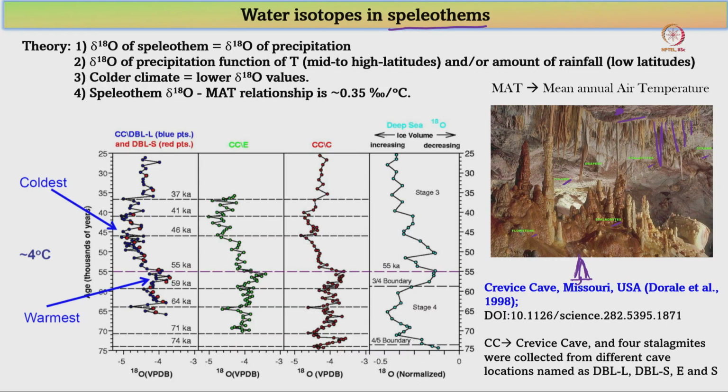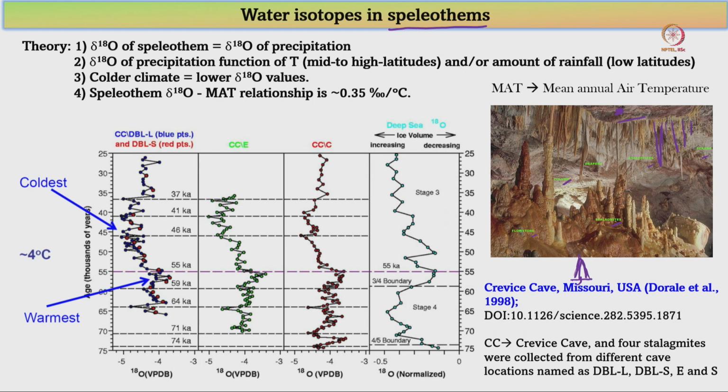So, whatever the delta 18O value of that rainfall was, the carbonate precipitating from that rainfall will have the same value. That is my first theory. So, the delta 18O of the speleothem will be the same as the delta 18O of the precipitation or rainfall from which it formed.